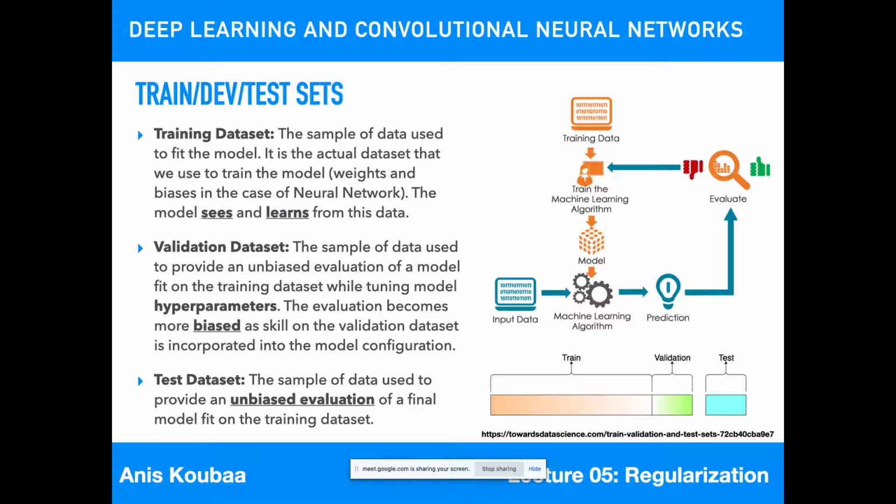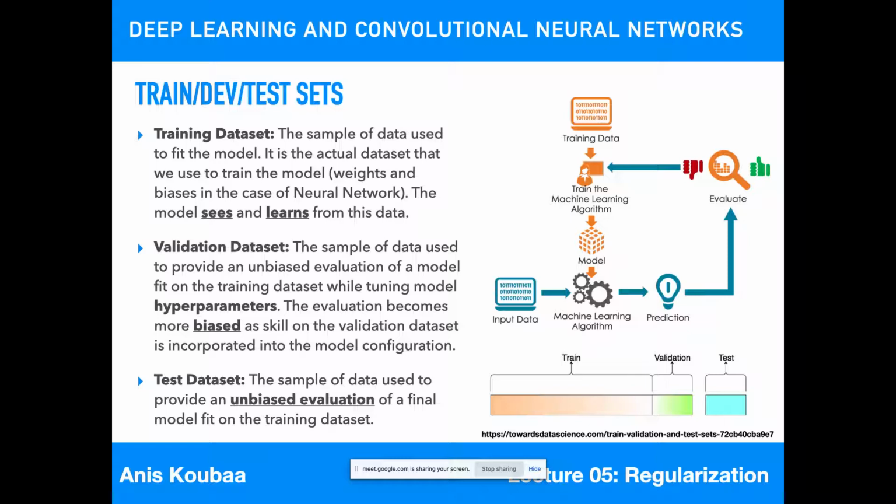So if we reach something good on the validation data set, we can stop the training. So the evaluation becomes more biased as skill on the validation data set is incorporated into the model configuration. So basically, we want the validation data set to contain images pretty much different from what we have in the training data set, so that the model is not biased by this data.